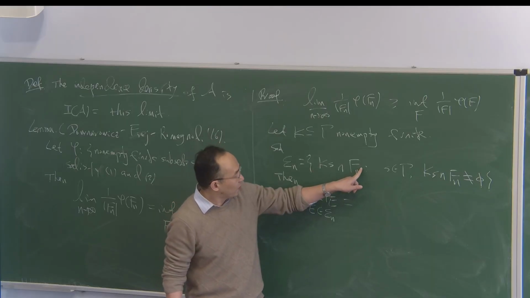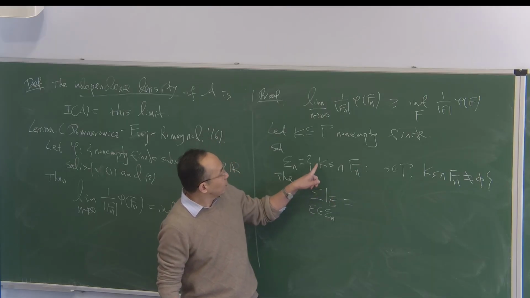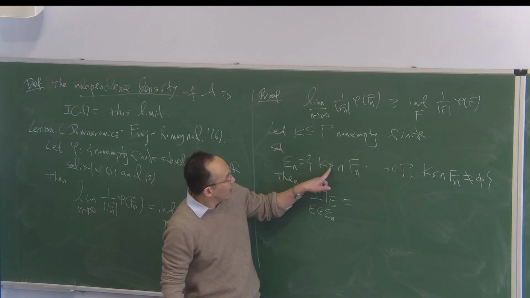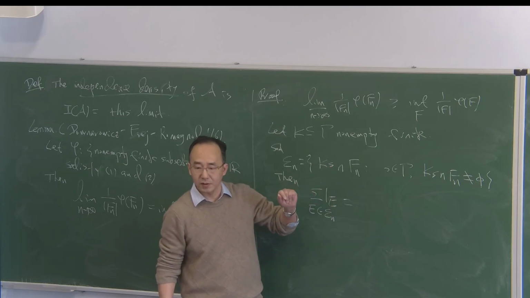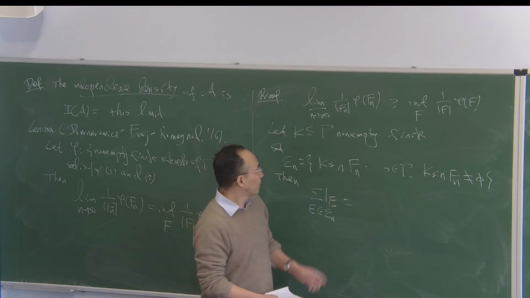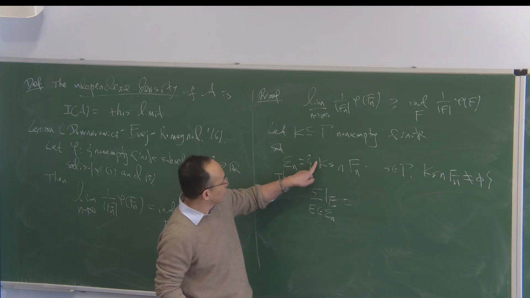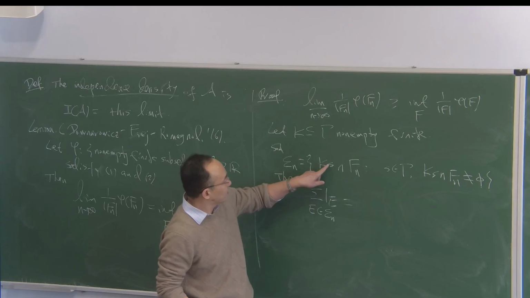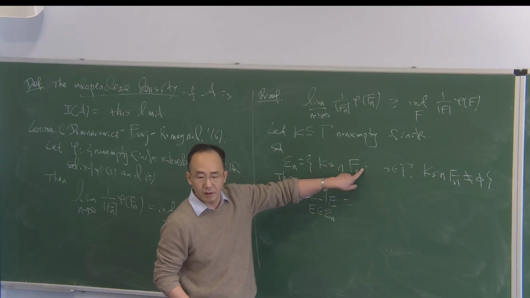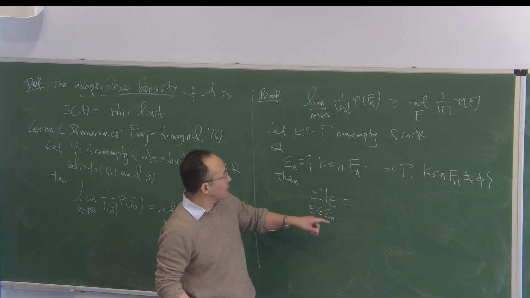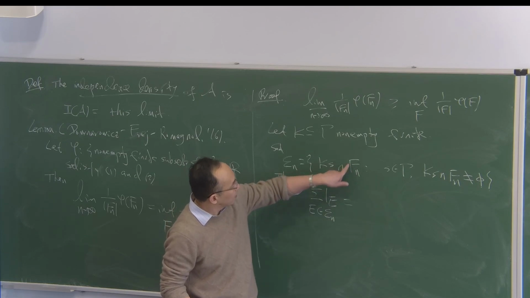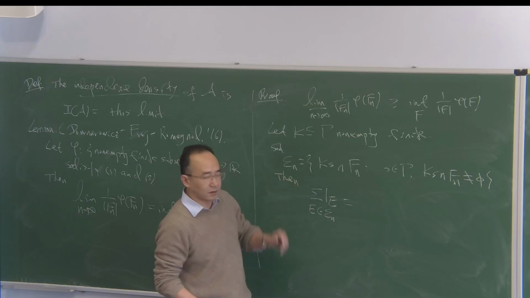Because for each single point of Fn, you can use one point in K times some S to cover it, exactly one S. So you cover each point of Fn exactly the size of K many times.